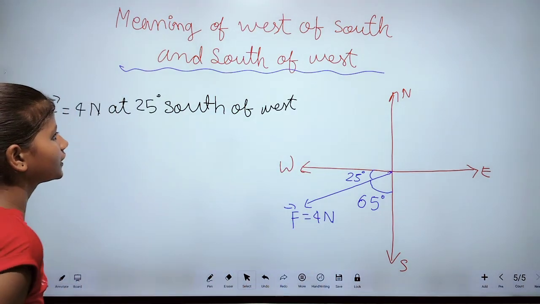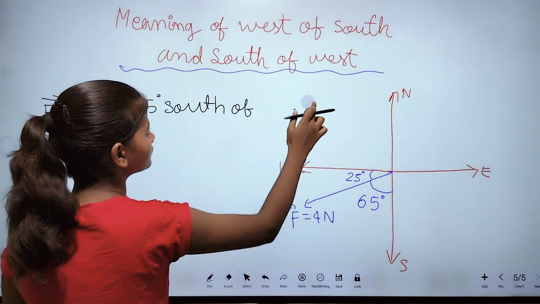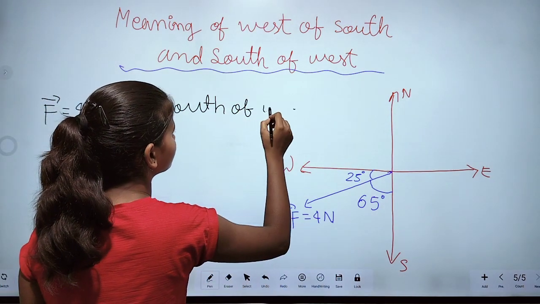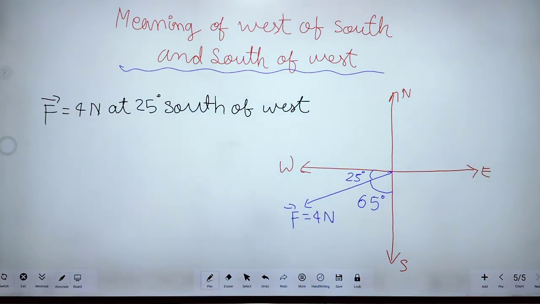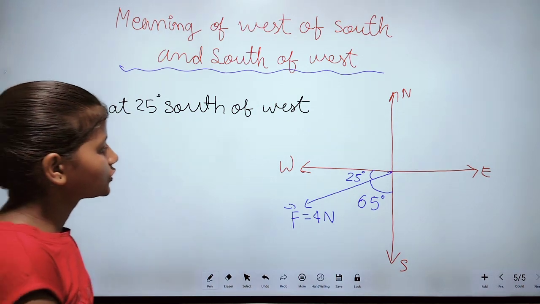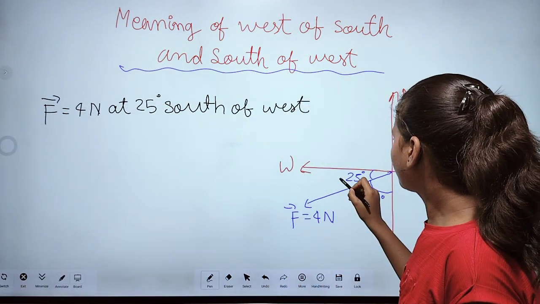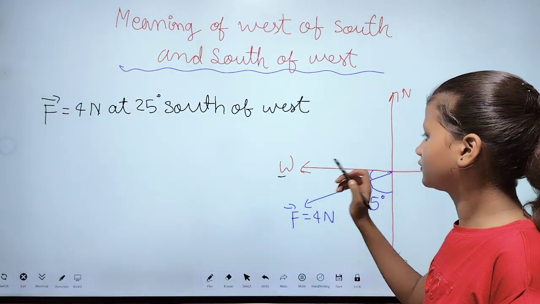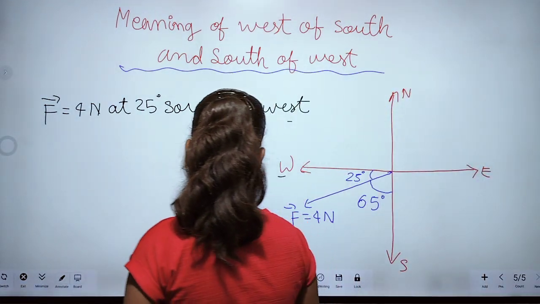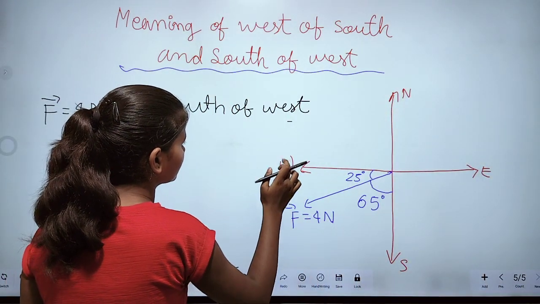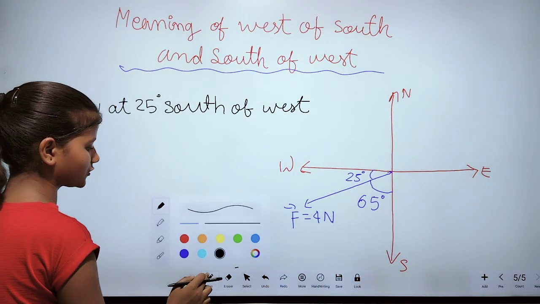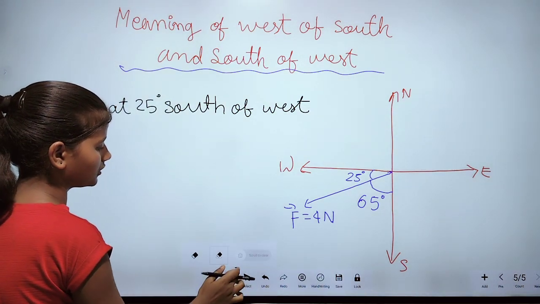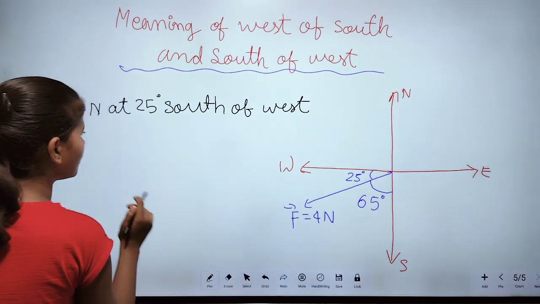Force is equal to 4 Newton at 25 degrees south of west. West is written in last because 25 degrees is formed with west. Okay. So that's why it is written in last.